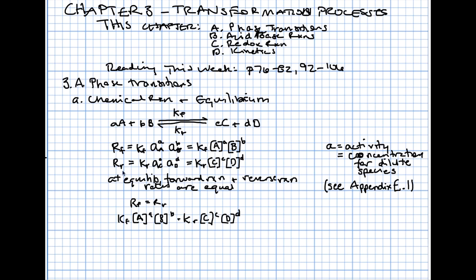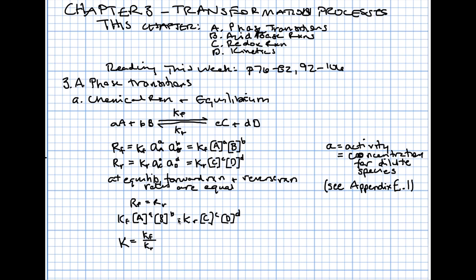We can then introduce a new variable, capital K, and capital K is the equilibrium constant, and it is defined as little k sub f over little k sub r.